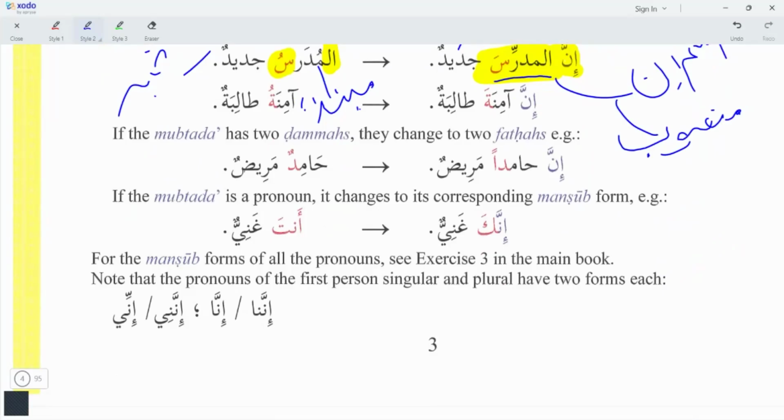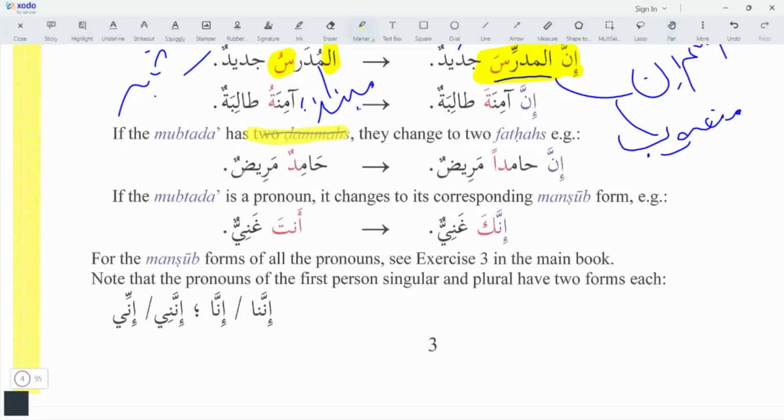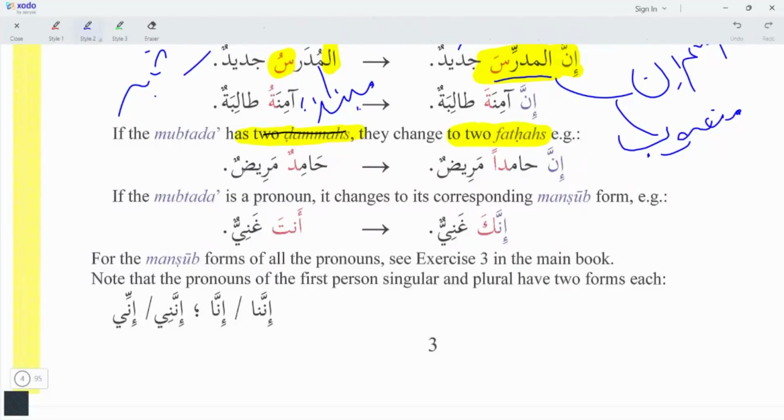If the mubtada has two dhamma, they change into two fatah. Like Hamidun Maridun, Hamid is sick.